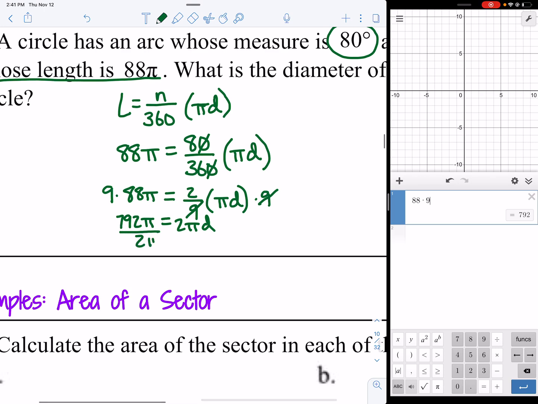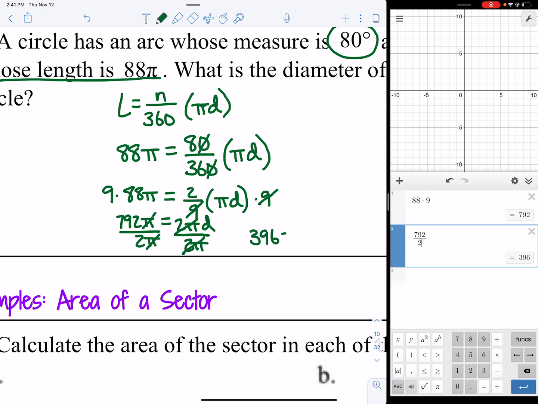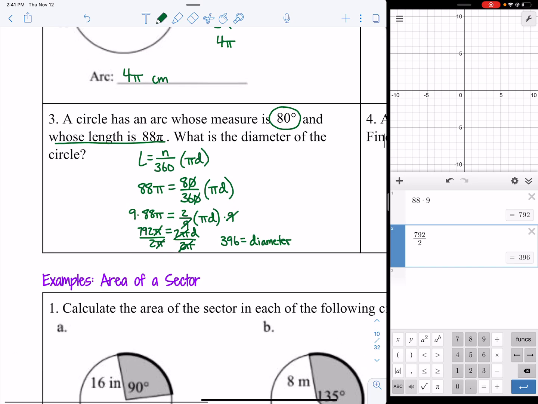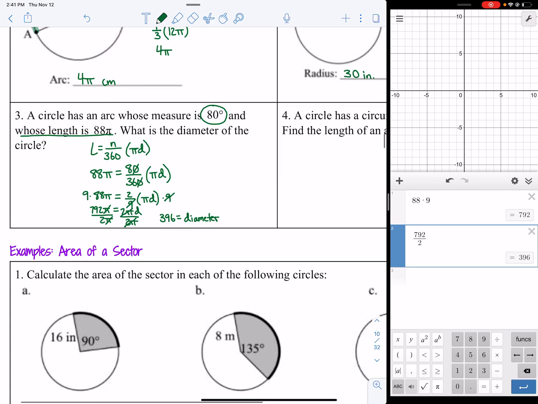So I just need to divide both sides by 2 pi. And it's okay to do that all at once. And so 792 divided by 2 gives me 396, because the pi would cancel out. And so 396 was the diameter for that one. So then we're finished, and I don't know if they gave us any kind of dimensions.